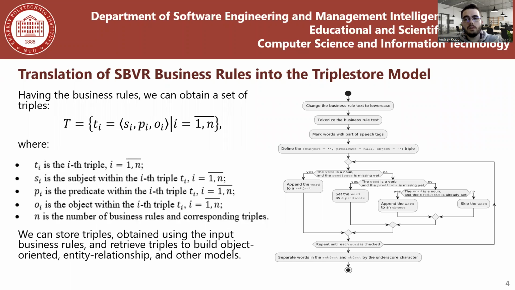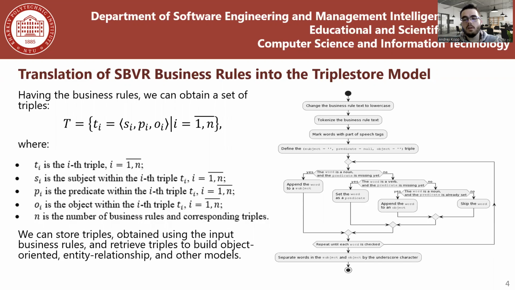First of all, we need to translate the given SBVR business rules into the triplestore model. Each of the given business rules is translated to the lowercase string, which then is tokenized. Mark of words with part of speech tags is performed on the next step, and then we check the words' part of speech.